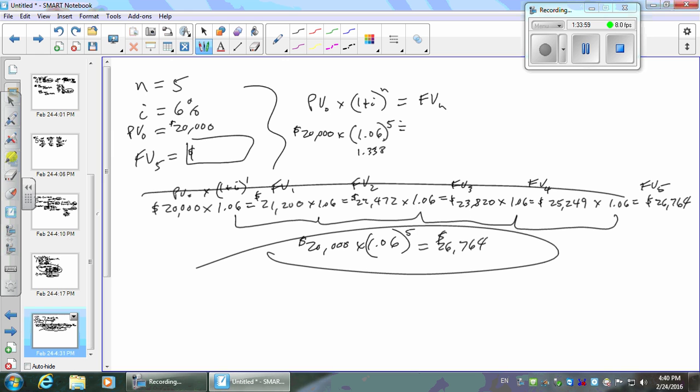Are you welcome to use the tables? Absolutely. And the nice thing about the tables is you can see the growth. Look at the 25% column.